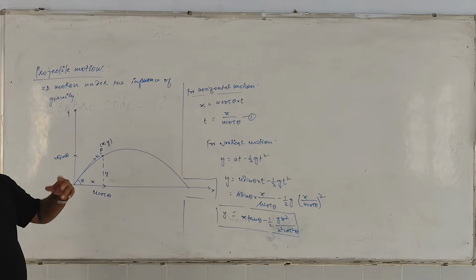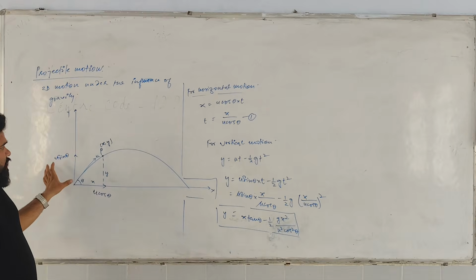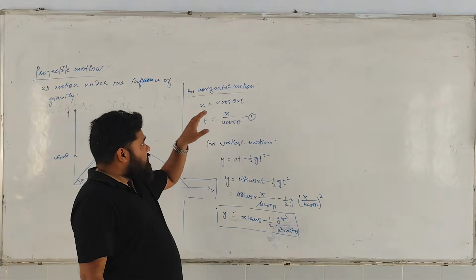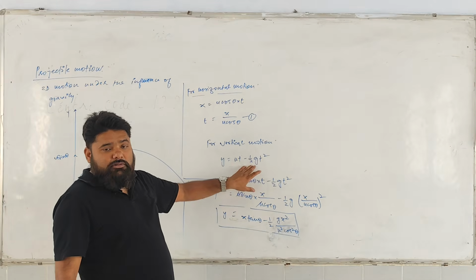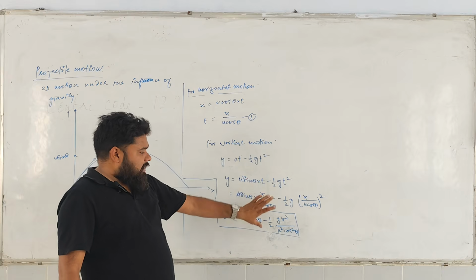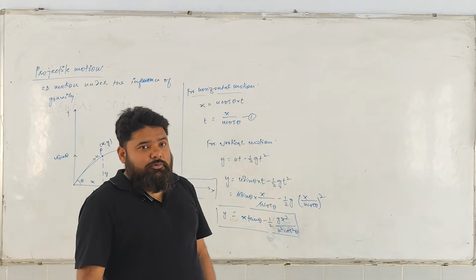In this topic we deal with two kinds of motion, horizontal and vertical. For the horizontal motion we simply use distance is equal to speed into time, and for the vertical motion we simply use the second equation of motion, y is equal to ut minus half gt square. Then we get the equation of trajectory. That's all about this topic.